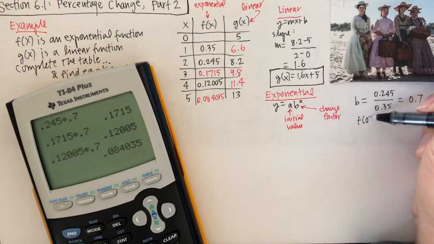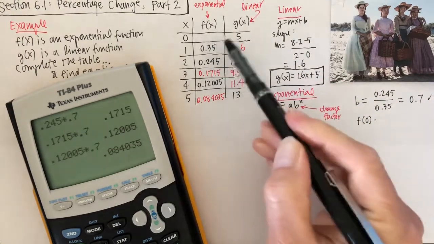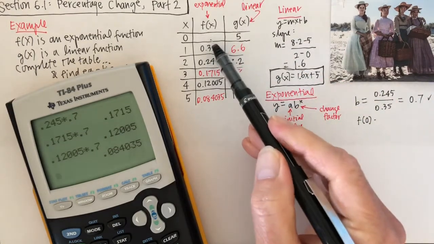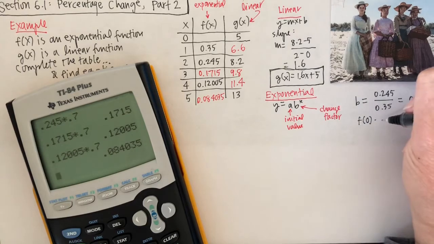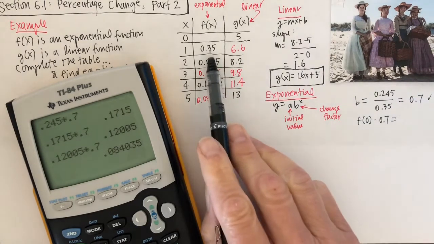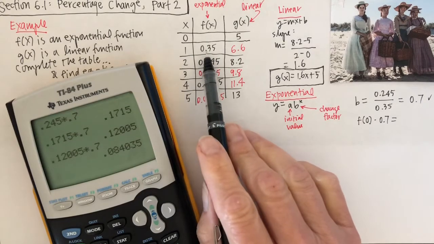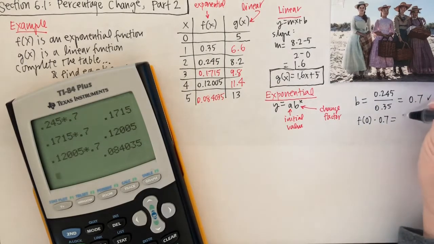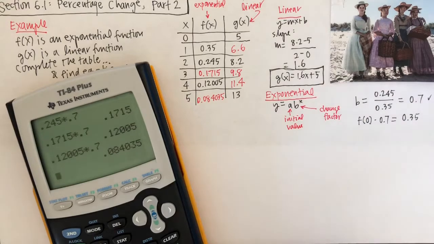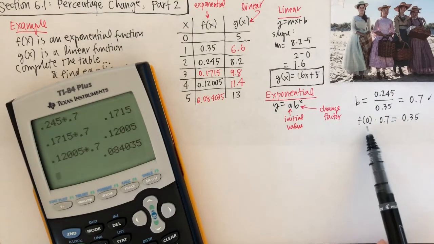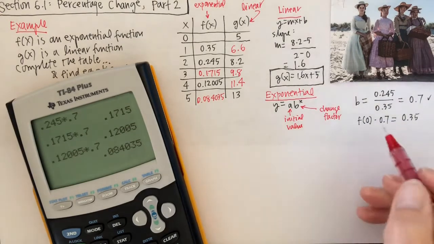So I know that f of 0, what goes in this box, times the change factor, 0.7, needs to equal the next consecutive output. Needs to equal 0.35. Okay, this is the one piece I don't know, the f of 0, so that's good.